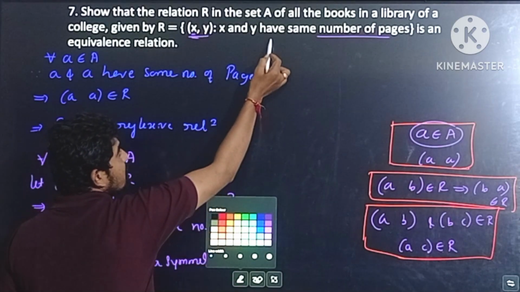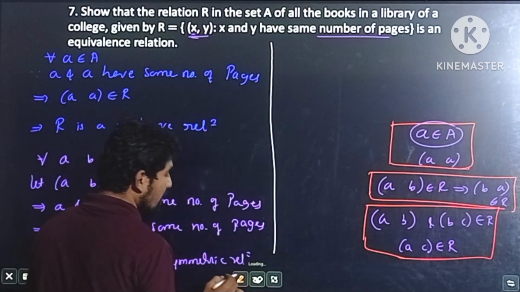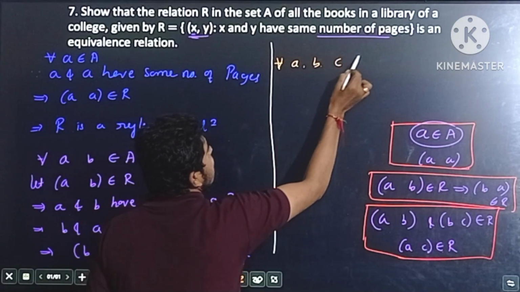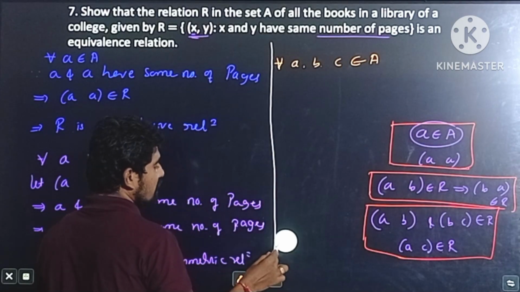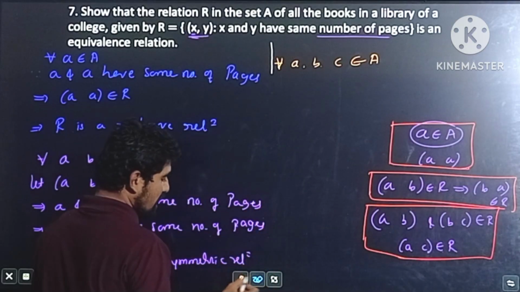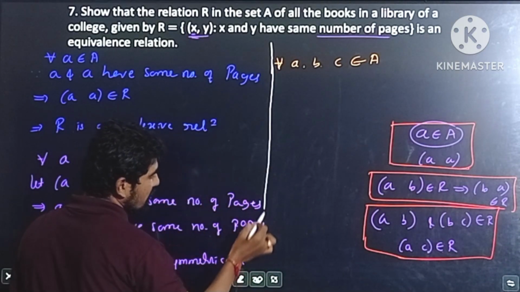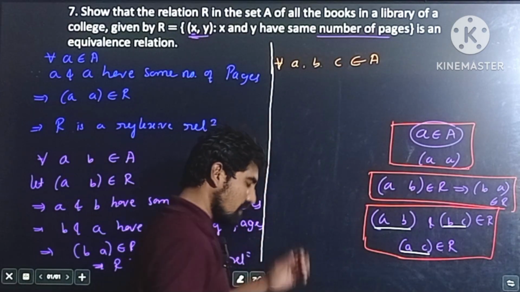Now for the transitive relation, consider three books. For all a, b and c belonging to the defined set A, we need to consider whether the pairs (a, b), (b, c) and (a, c) are in R or not.